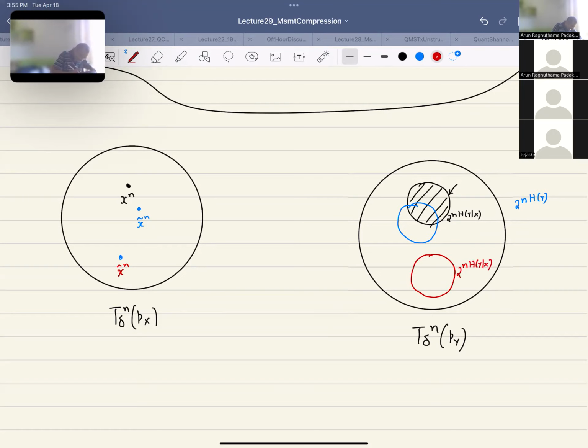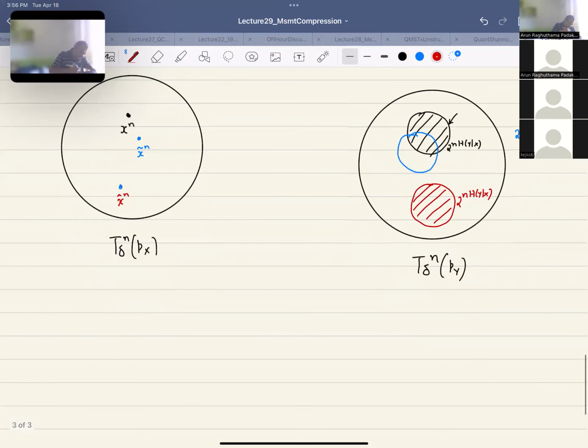When x hat n is pulled out, I don't know where my y^n is, but it is definitely going to be uniformly distributed in this ball. So if there is a protocol, this kind of randomness also should come into that protocol. Otherwise, that protocol is not faithful to the nature simulation. So how do we do that?